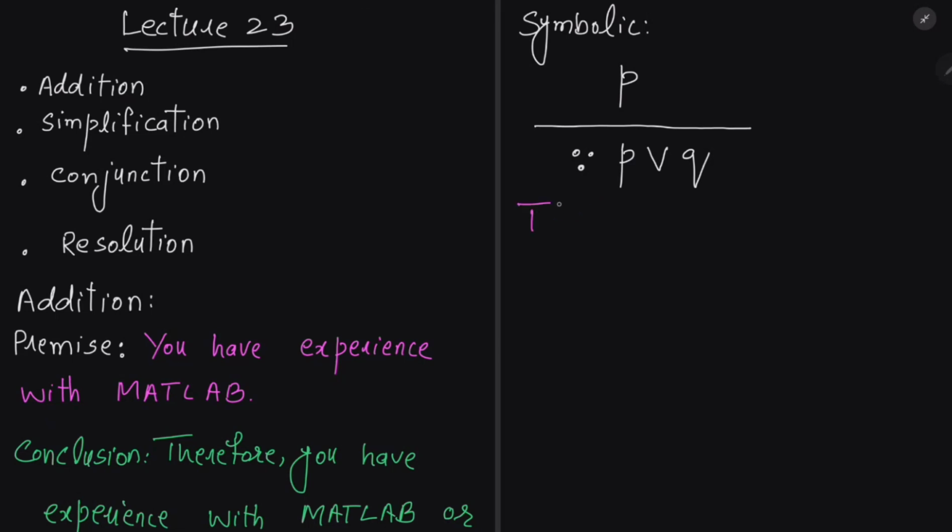What is the tautology for addition? It is simple. We start with some premise, then the conclusion we can draw is P or Q. Okay, so this is the tautology of addition.